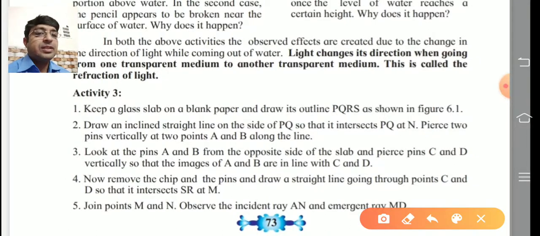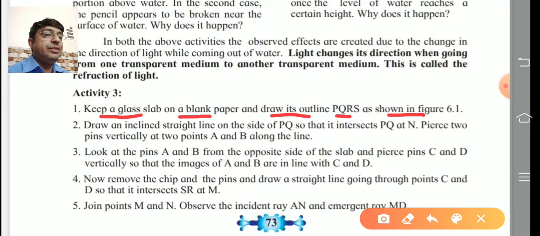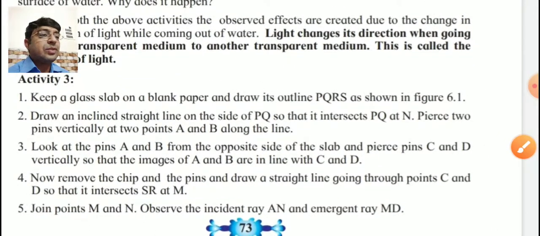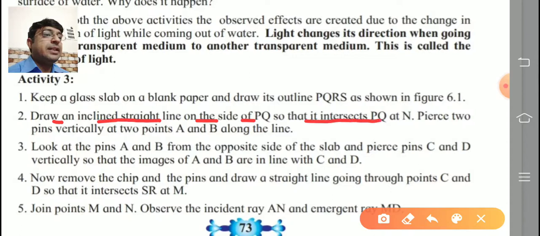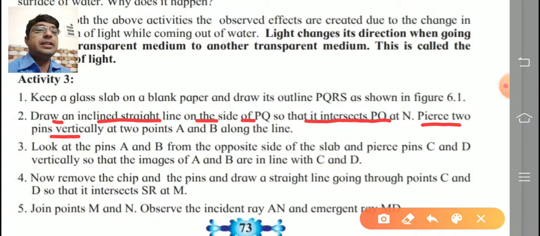One more activity is given for us about the glass slab. Now see that. Keep a glass slab on a blank paper and draw the outline PQRS as shown in the figure on the next page. Then draw an inclined straight line on side PQ so that it intersects PQ at N, and fix two pins vertically at two points A and B along that line.